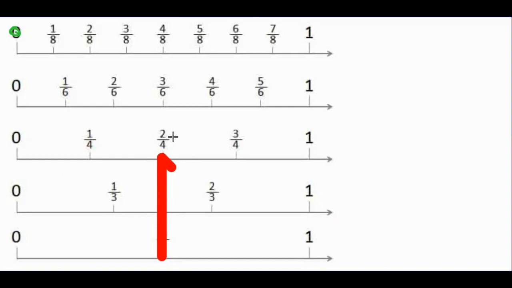So I can say that 2/4 here is the same as 1/2 here. So 2/4 and 1/2 are equivalent. Let's take another example. If I compare 2/3 here with 4/6 here, they are on the same point of the number line. So I can say that 4/6 is the same as 2/3, and so on.